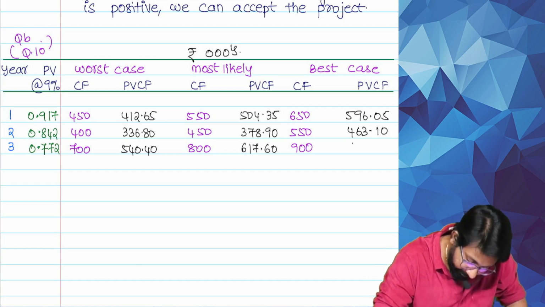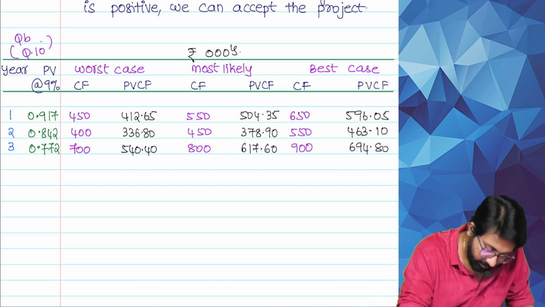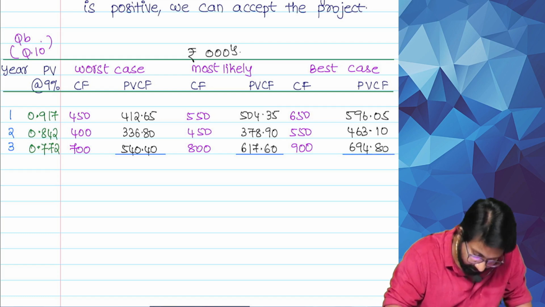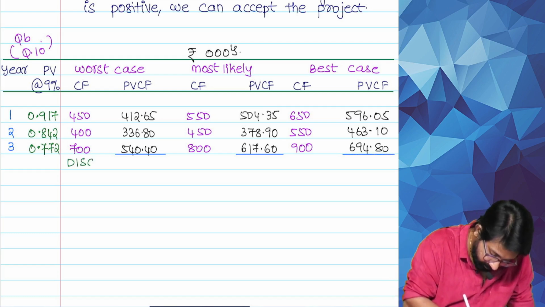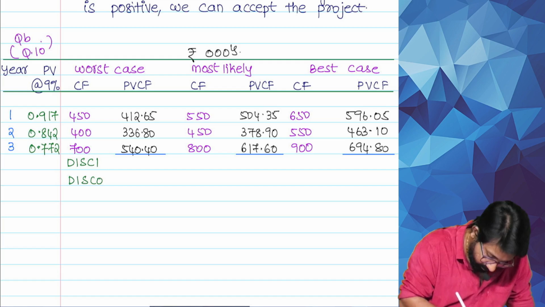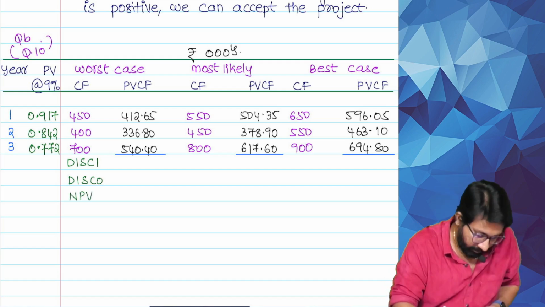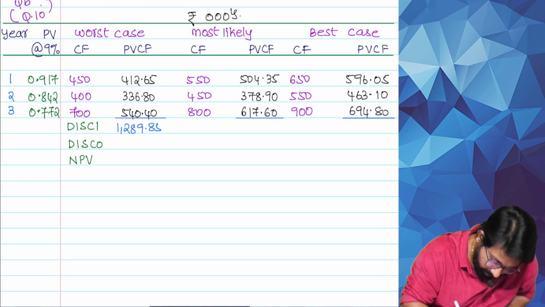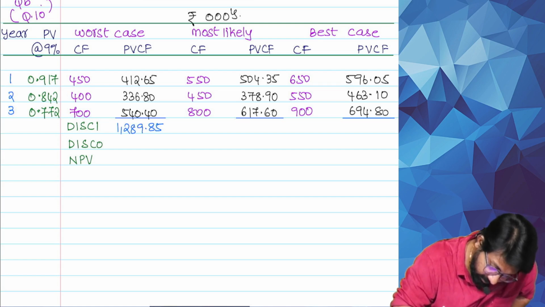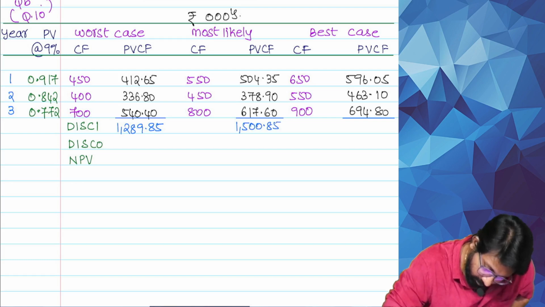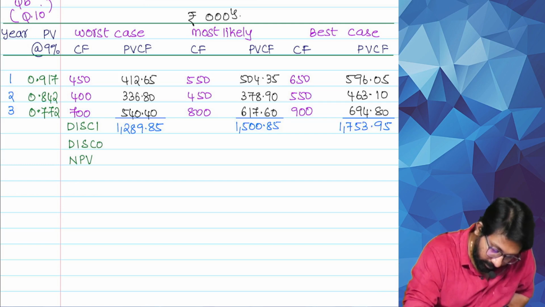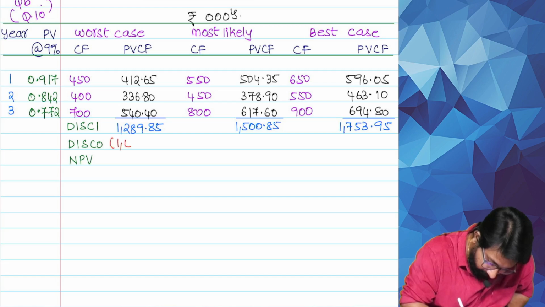Next, 0.8, the total 1089.85. Then 1000, 1753.95. The outflow in all the cases is 1400.